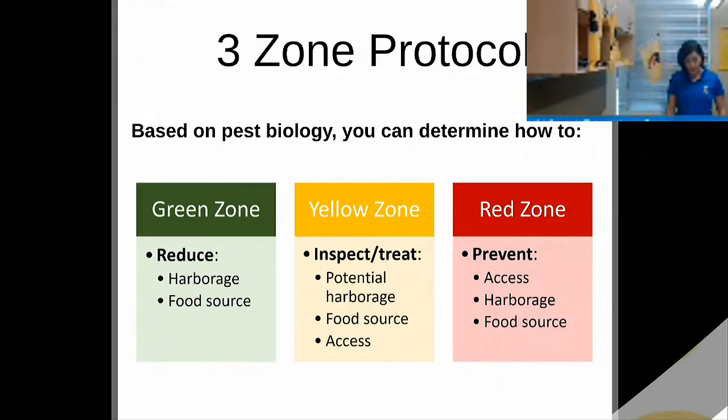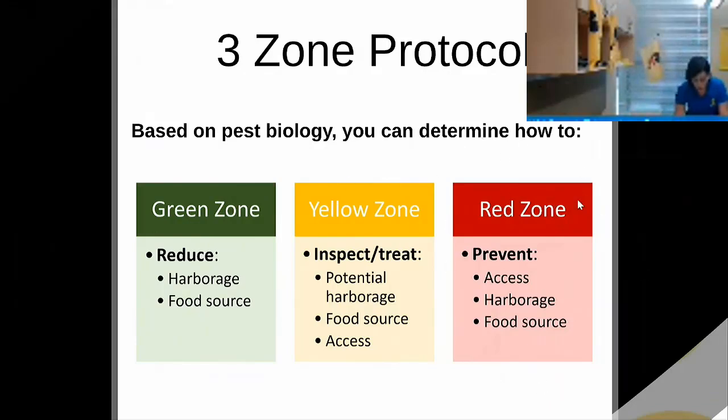And when we're inspecting, we also will advise customers to do the closing of those spots in the yellow zone. Treating the yellow zone, we can also do a preventative treatment, frequent treatment outside to prevent pests from coming inside. We also do the monitoring for rodents outside and inside.